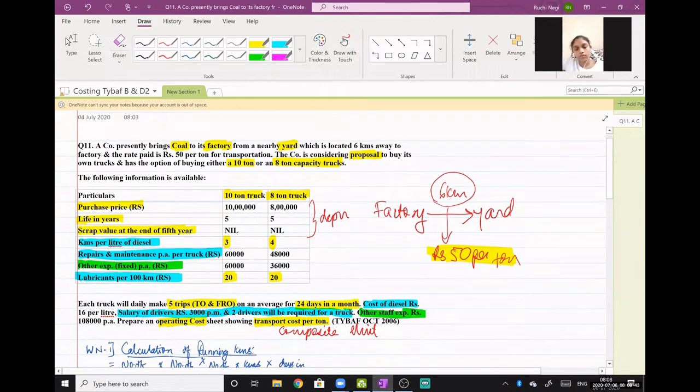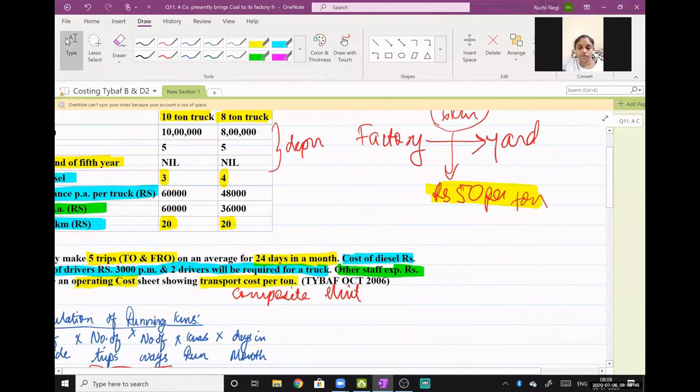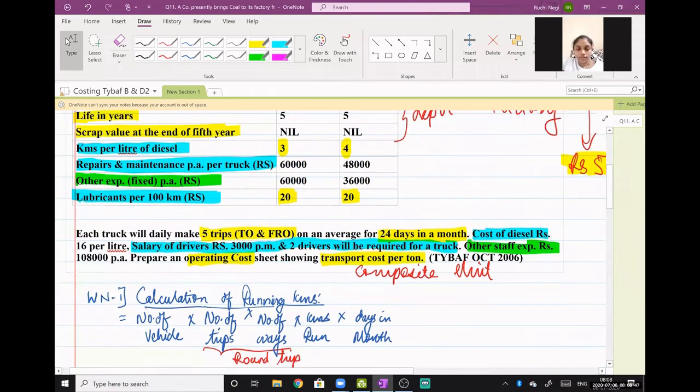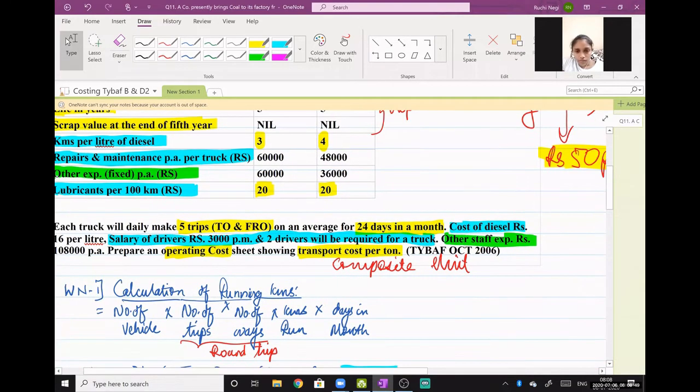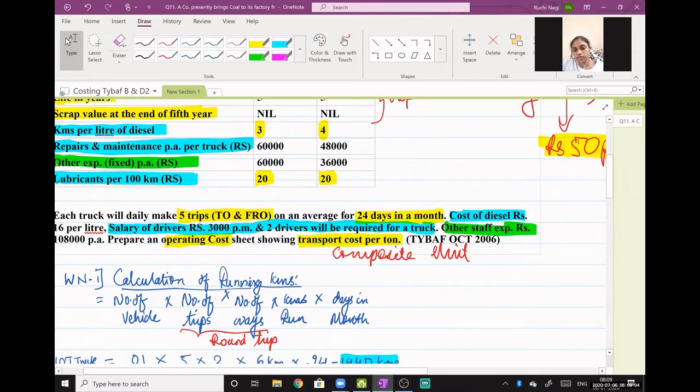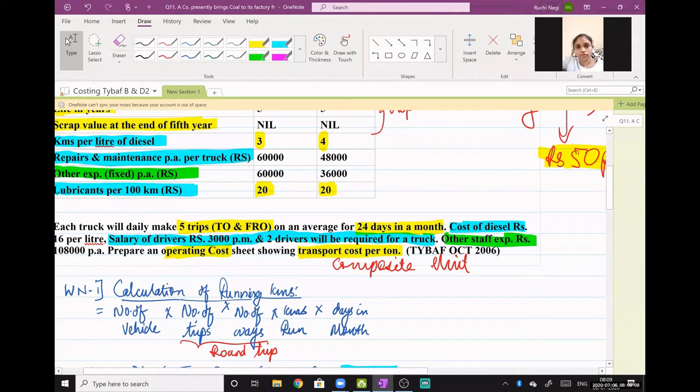So start calculation of running kilometers. Write the formula: number of vehicles into number of trips into number of ways into kilometers run into days in a month. It's a monthly cost sheet, right?